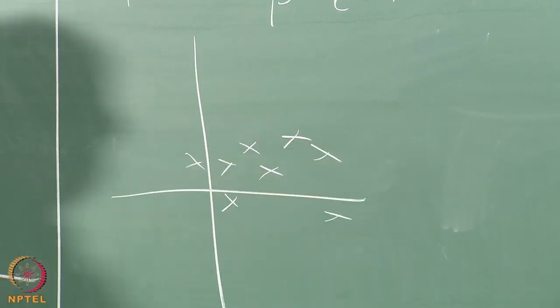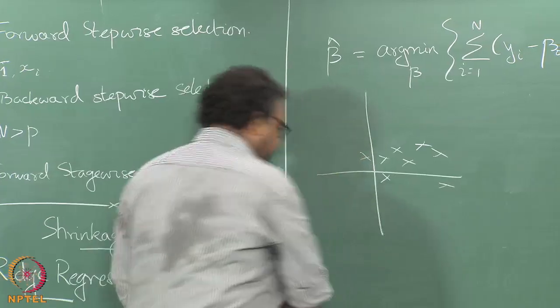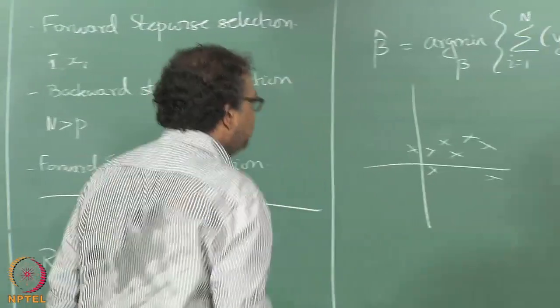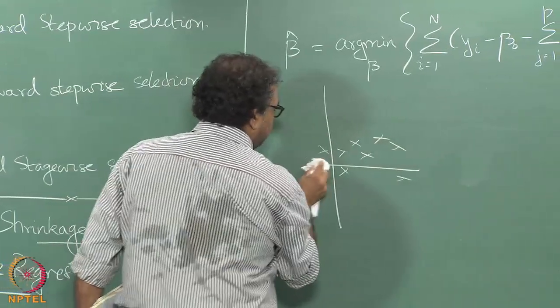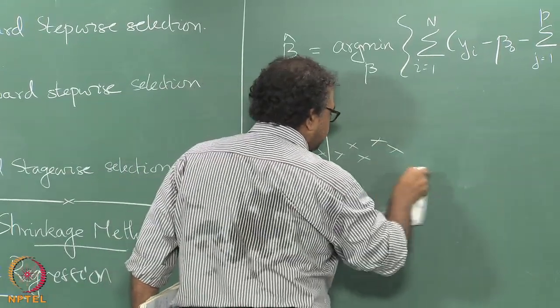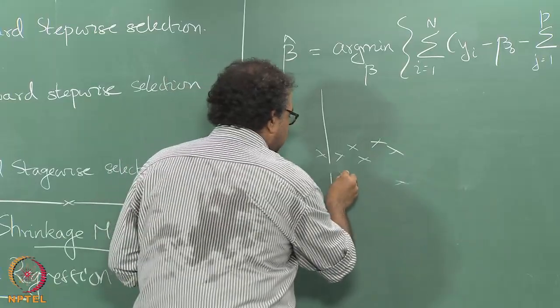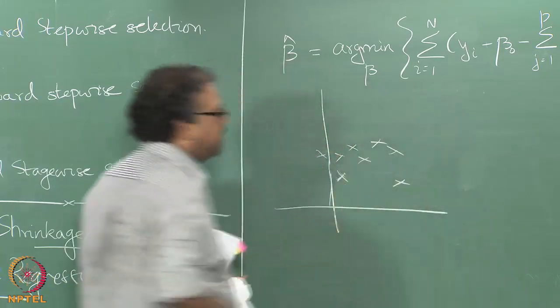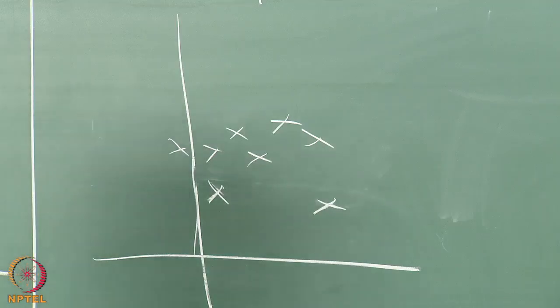But now the same data points, if I shift them up, shifting up the data points is hard, so I will just shift the origin. If I shift the origin, what will happen if I penalize beta naught?